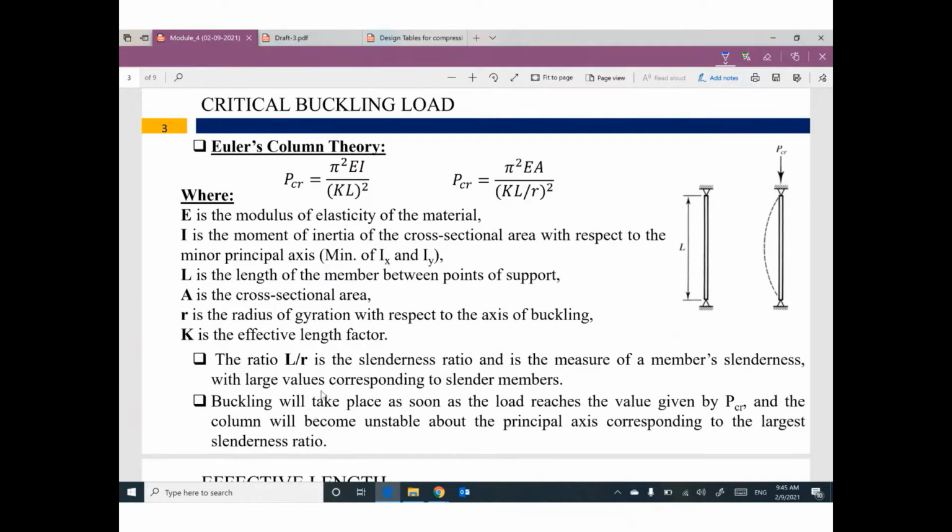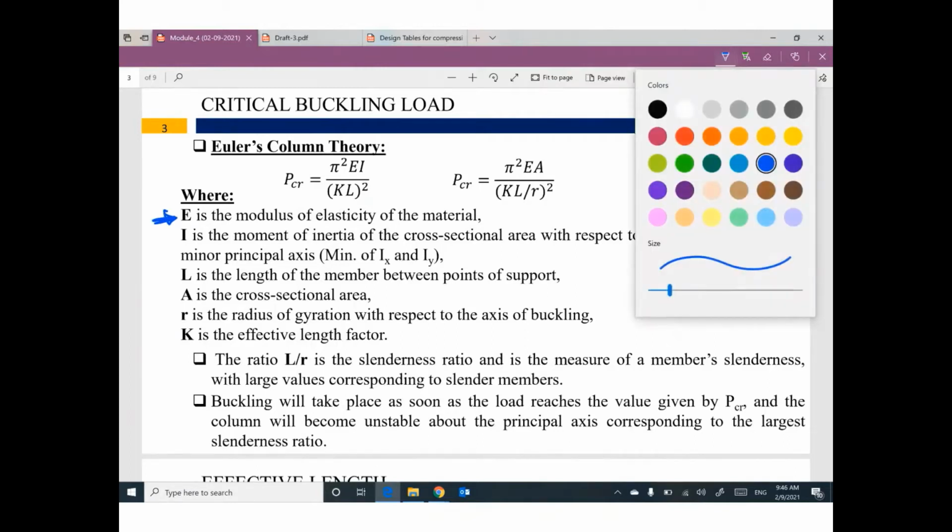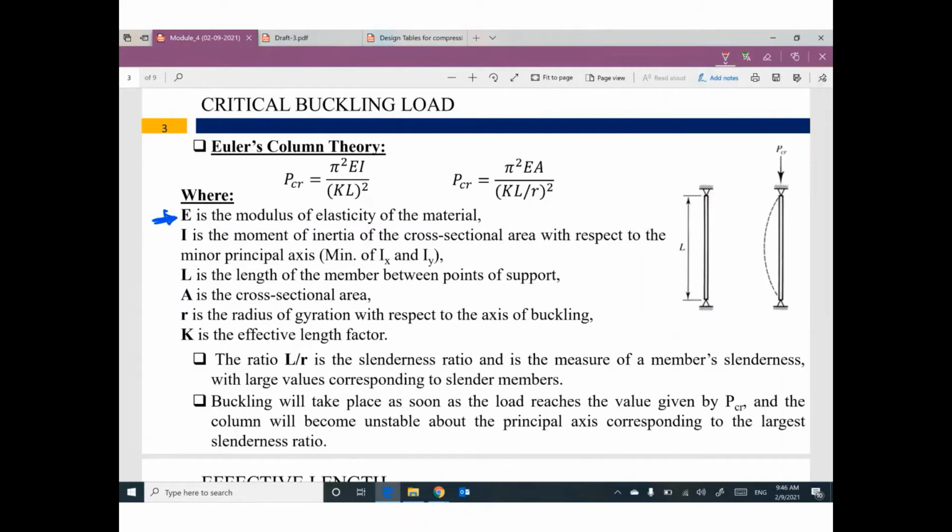Okay? Just to remind you, I believe this topic is covered somewhere. We have Euler's column theory, saying P critical equals pi squared EI divided by KL, all of them squared. Just keep in your mind, E is Young's modulus of steel. It will not be given. You have to remember this number.